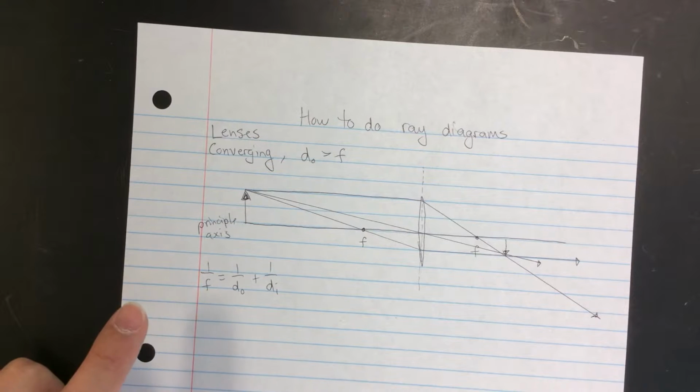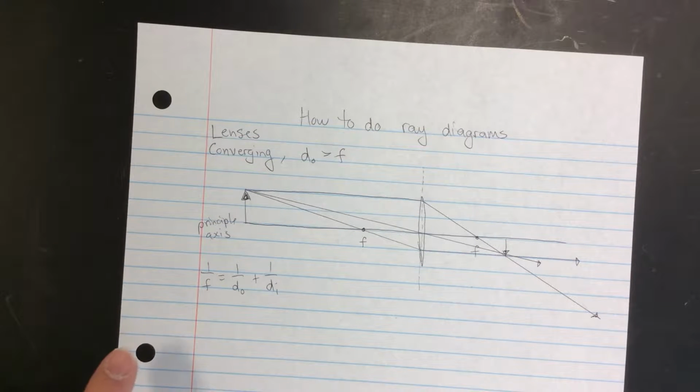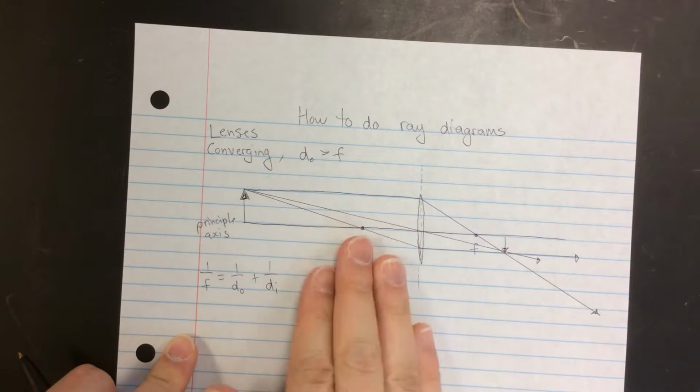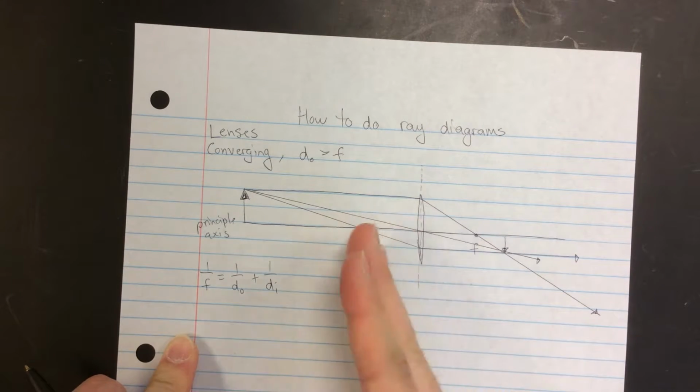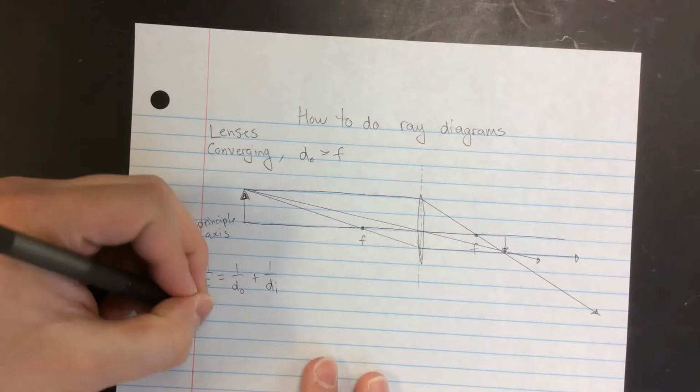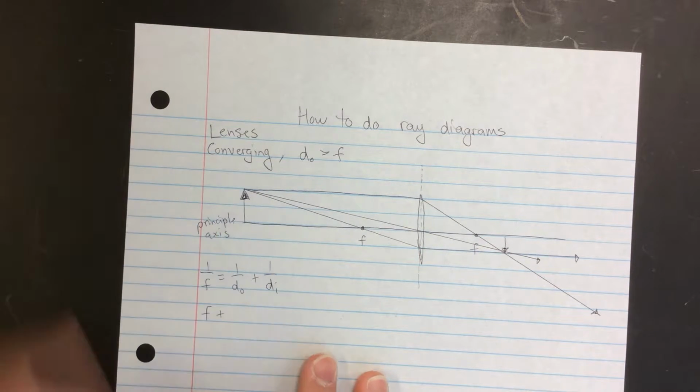The hardest part about using this equation is keeping track of the sign conventions. When you try to use this equation for a converging lens, your focal length is a positive number.